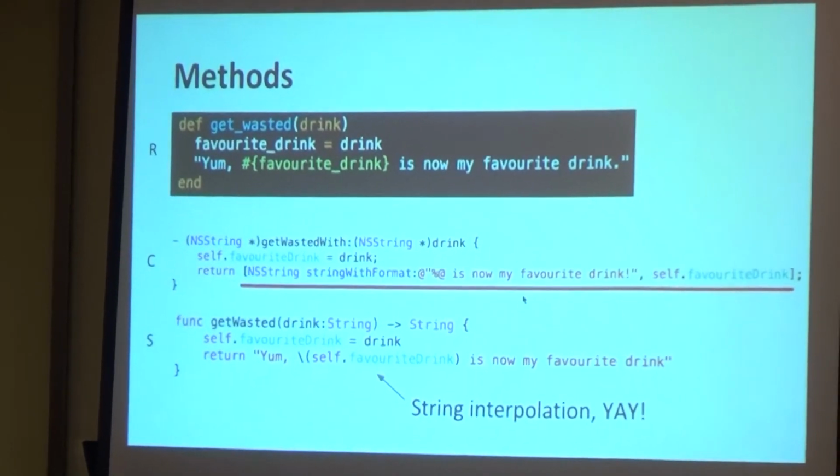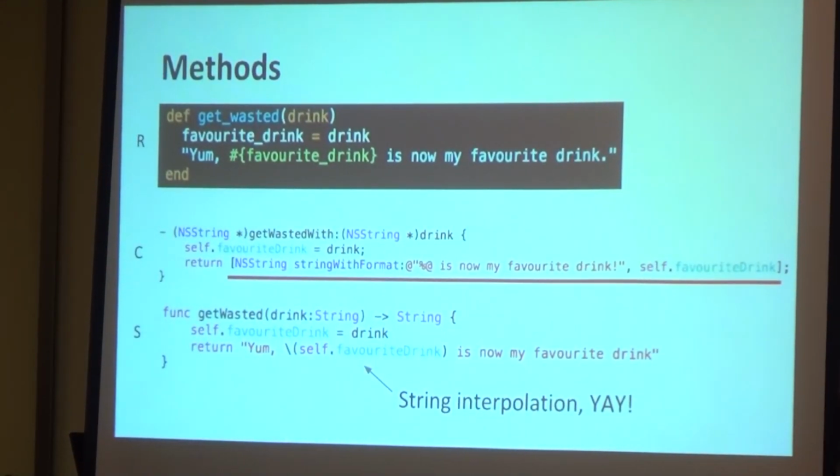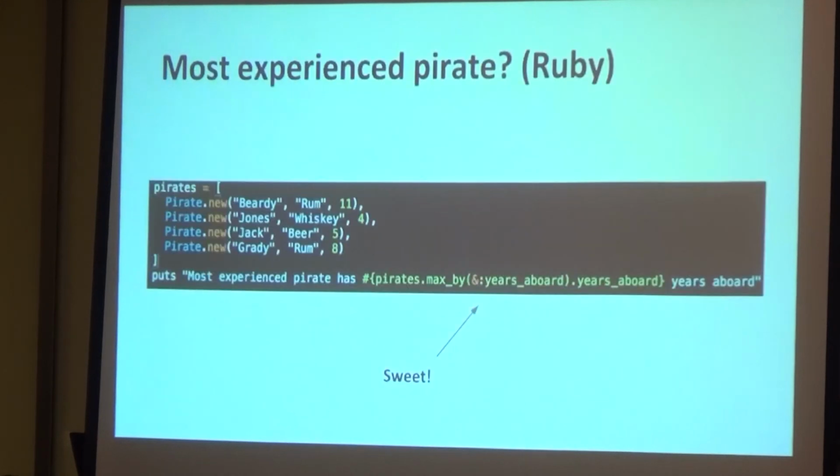If you wanted to put a few different variables into the same string, you had to basically write a really ugly string and then append parameters at the end. So yeah, Swift has string interpolation, so that's awesome for us. And the methods are maybe a bit clearer to write.